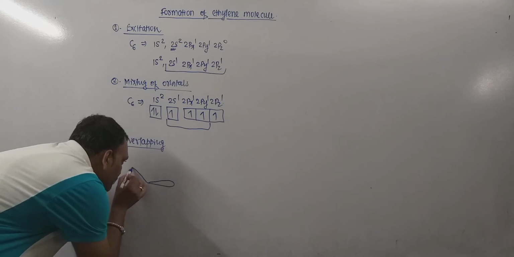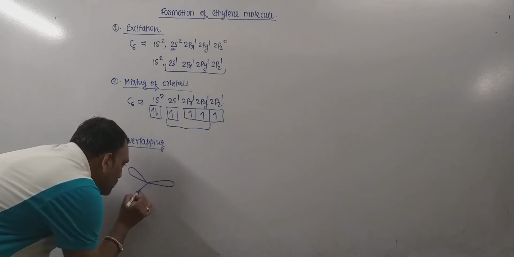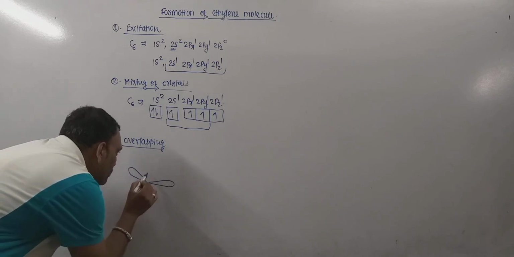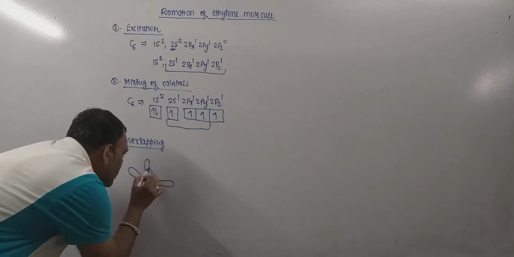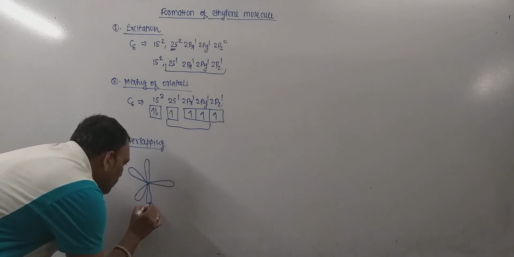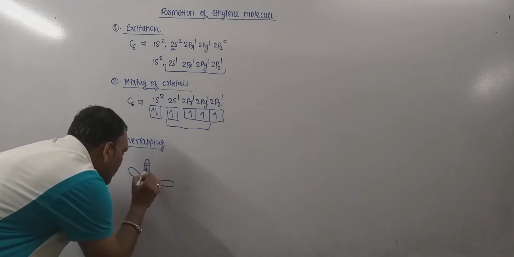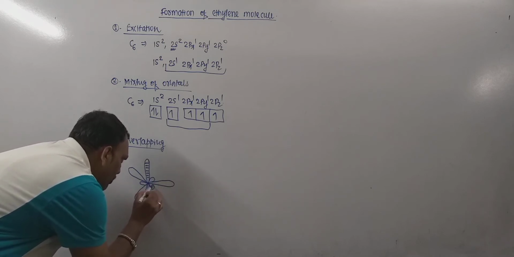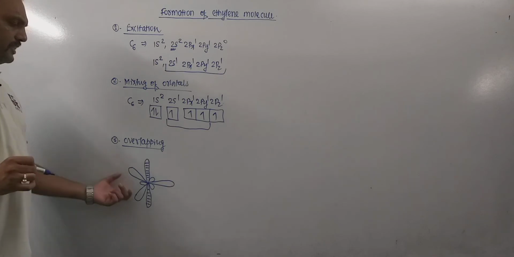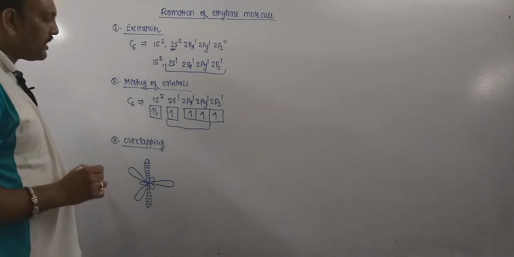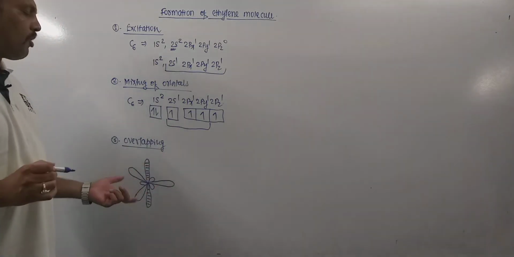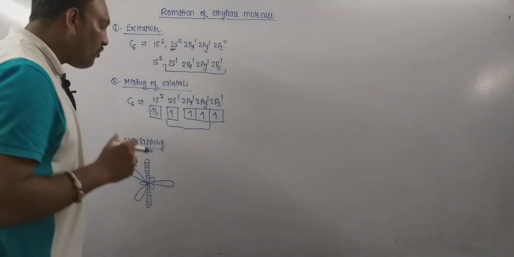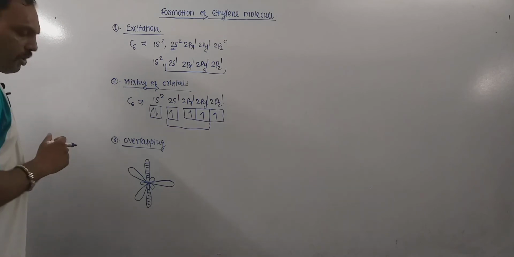So 3 sp2 hybrid orbitals are produced, which are directed trigonally around the central atom, and this 2pz orbital, which remained unhybridized, is still an atomic orbital, and we are shading this. These are the smaller lobes of hybrid. Now this is the one carbon, and remember each and every orbital, whether hybrid or unhybridized, contains an unpaired electron.